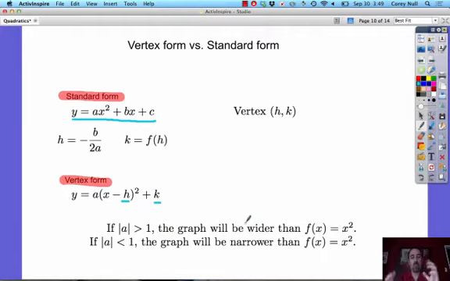If the number is small, like a negative fraction or a positive fraction, like negative 1/2, for instance, like we saw before, the graph will get wider. So these are actually backwards. These are narrower and wider. Compressing makes things wider. Pulling makes things skinnier.